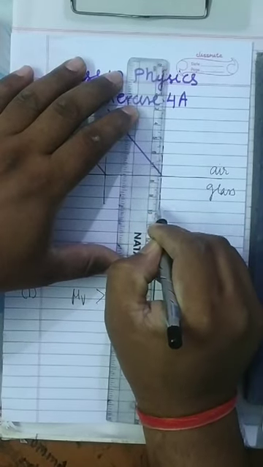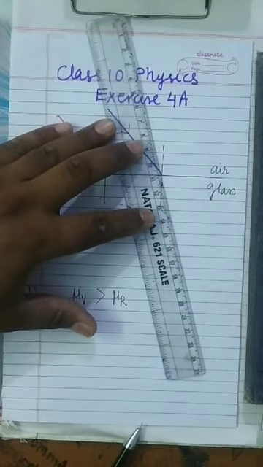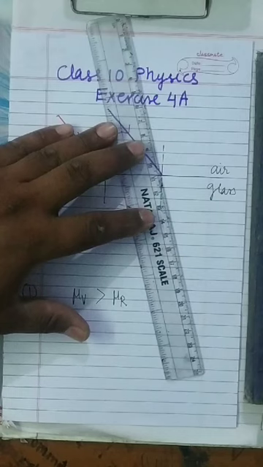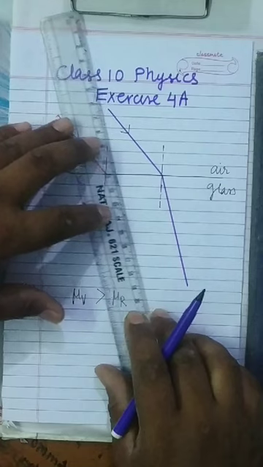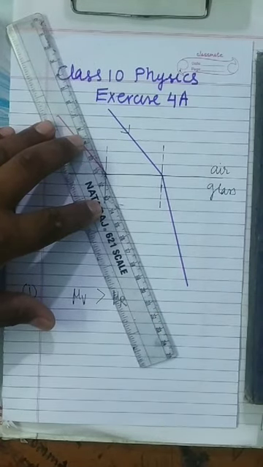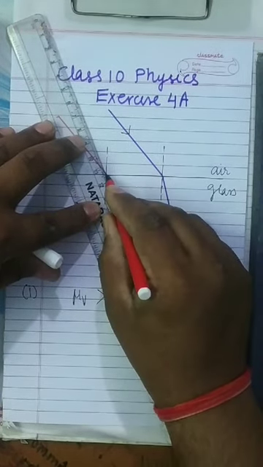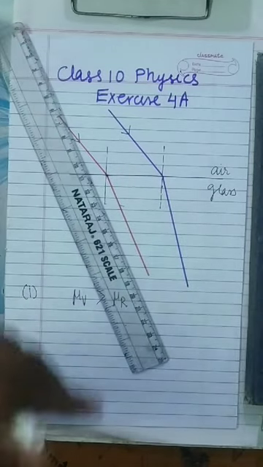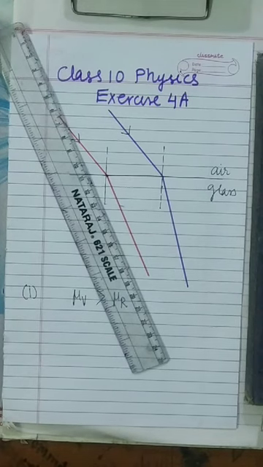If this is the refracted ray for violet, this is for red.